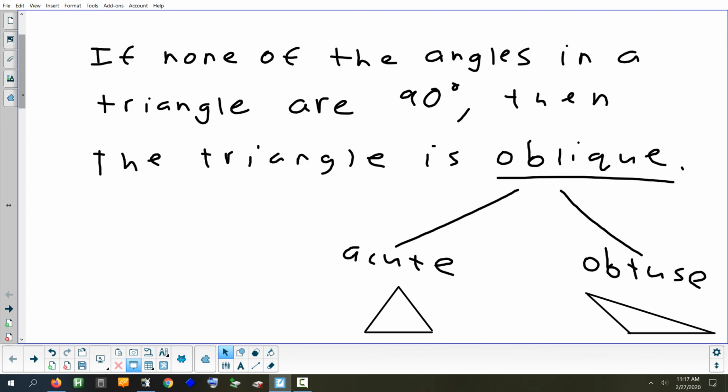Obtuse is an oblique triangle where you have one angle more than 90. Could you have two angles in a triangle more than 90? Why not? Because all the angles in a triangle add up to 180. So you can only have at most one angle more than 90.